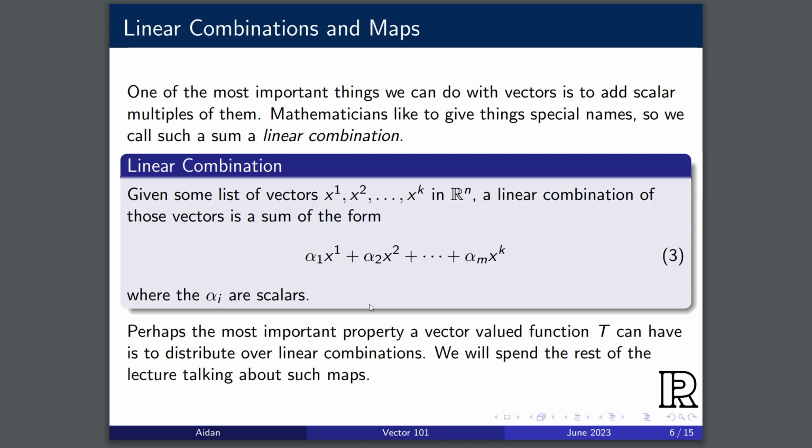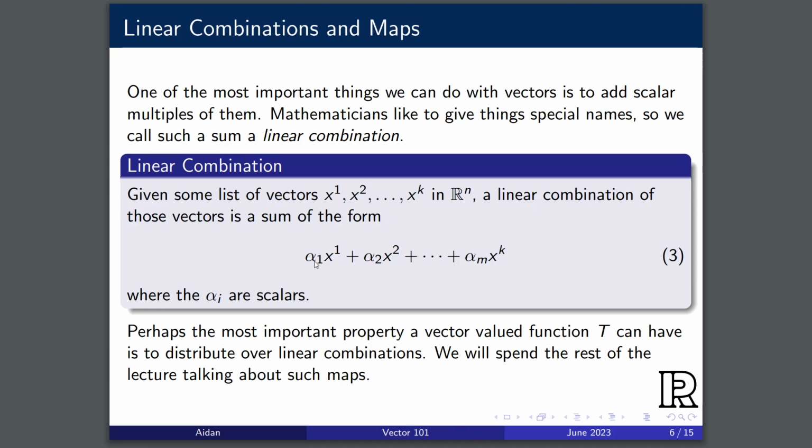So if we have some list of vectors, and again, I'm using this superscript because subscript means element, so it's like x1 through xk. These are all different vectors. That's not a power. So a linear combination of those vectors is just a sum of those vectors times some scalars.